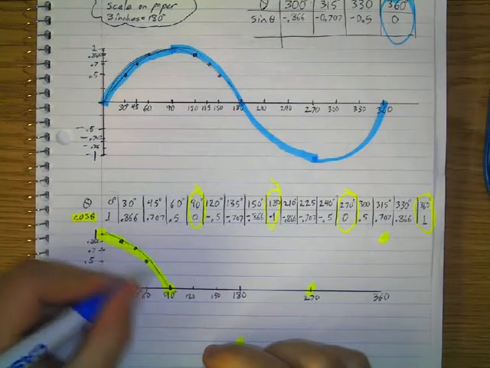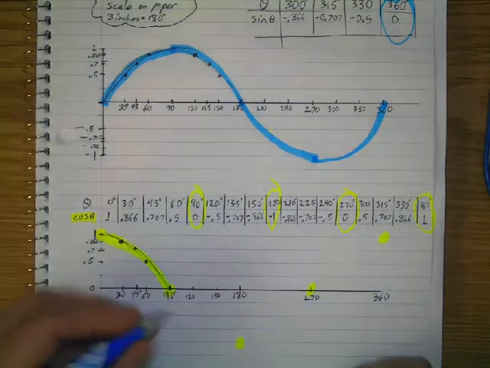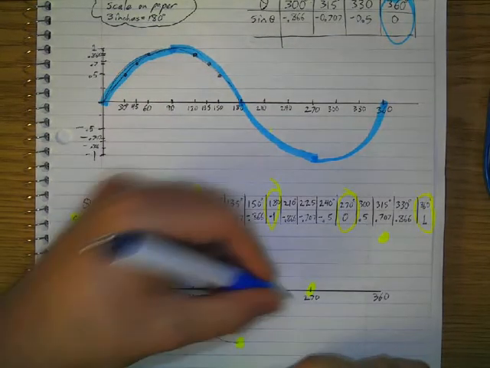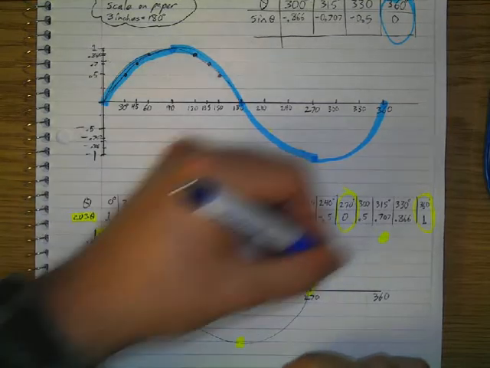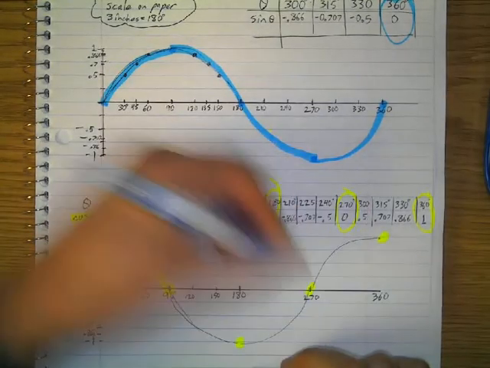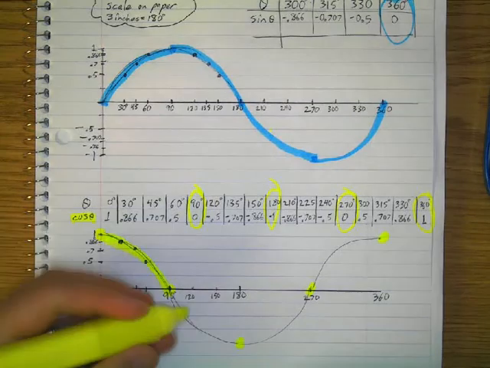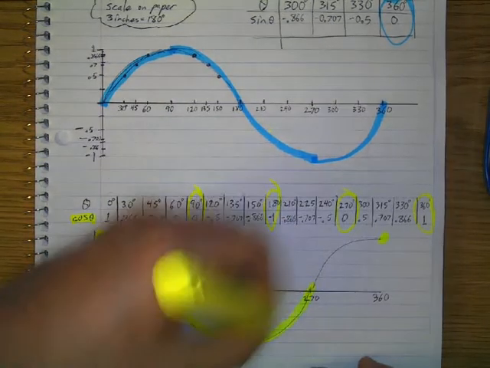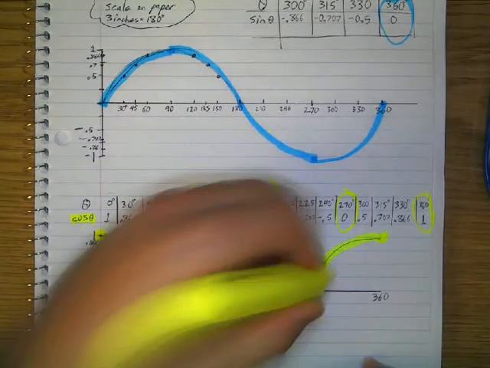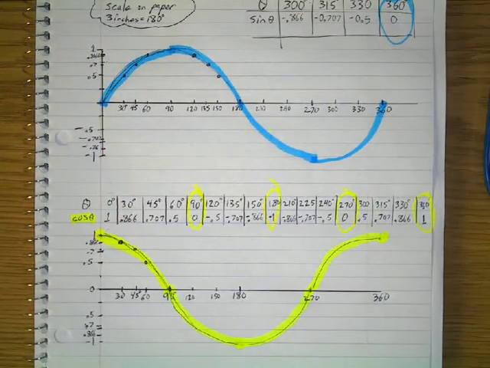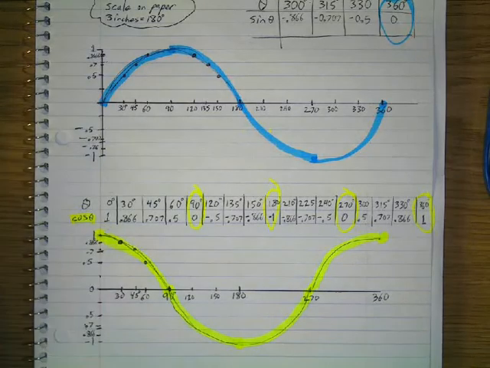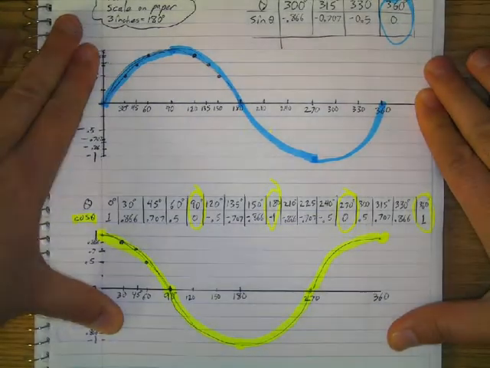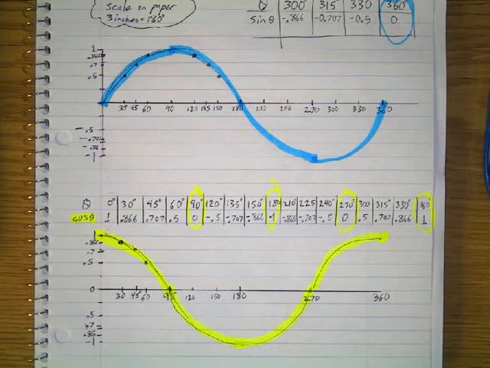If you have time, I suggest you plot all of those points, and you end up with a curve that looks like this. And now you've drawn a cosine wave. So what's important is to think about, what do you notice, what do you wonder about these waves, and we'll be discussing that for this unit.